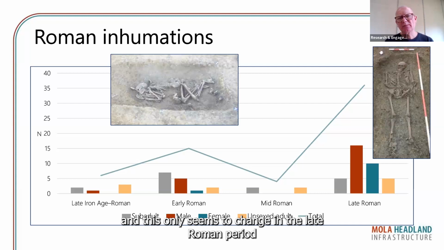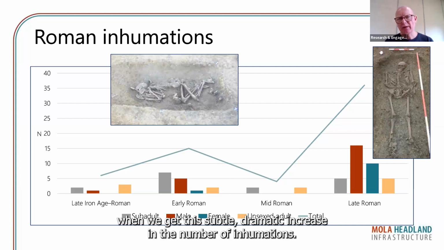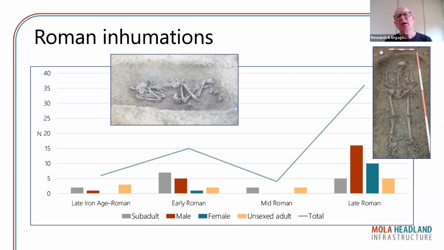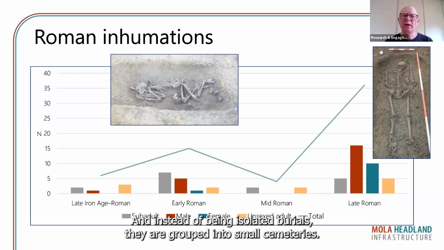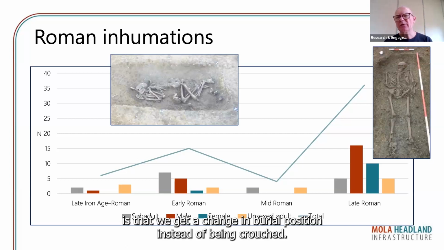And this only seems to change in the late Roman period, when we get this sudden dramatic increase in the number of inhumations. And instead of being isolated burials, they are grouped into small cemeteries. Another interesting factor is that we get a change in burial position.